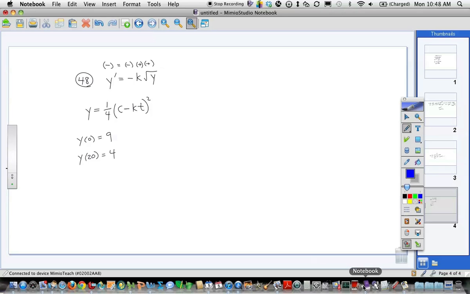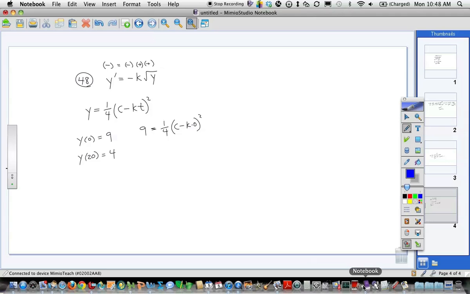So now the next step is to do exactly what we did earlier today when we went to find those. We're going to plug 0 where? In for t, and we're going to put 9 in for y. So it'll look like this. Luckily, that makes the k disappear.